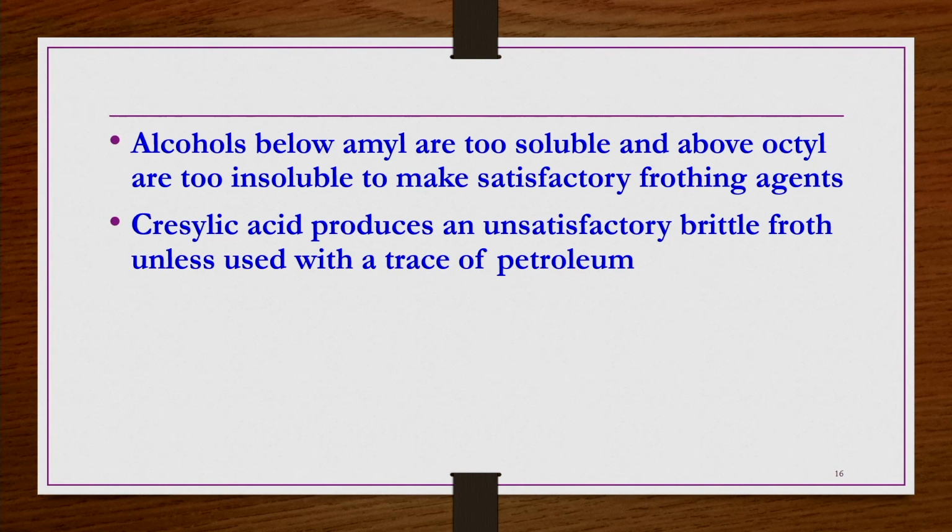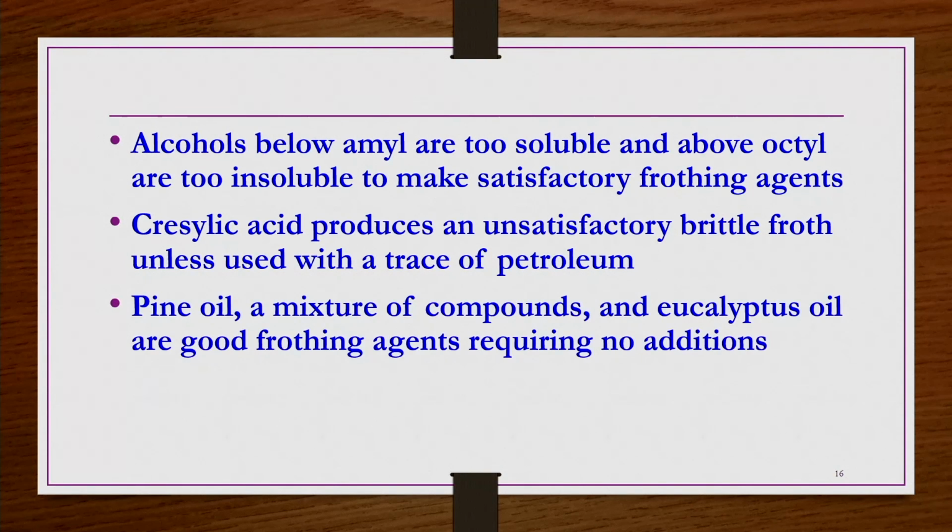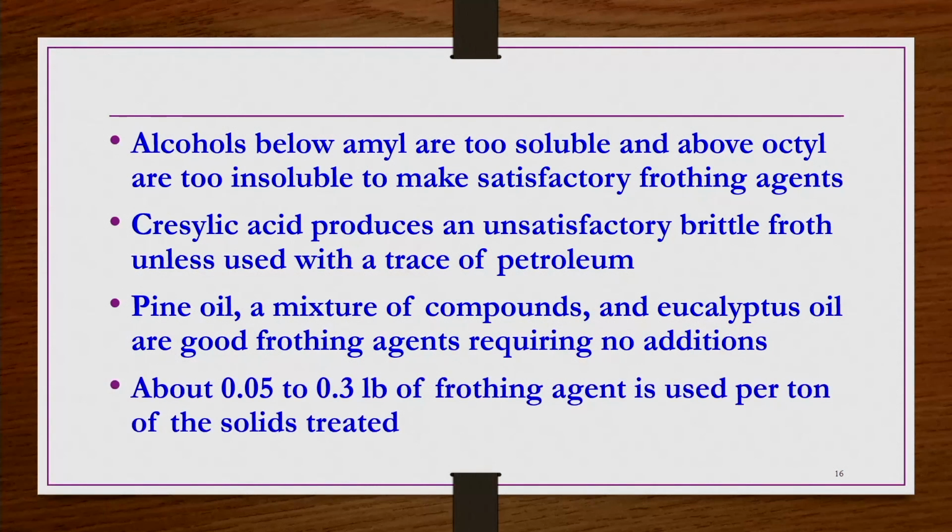Cresylic acid produces an unsatisfactory brittle froth unless used with a trace of petroleum. Pine oil, a mixture of compounds, and eucalyptus oil are good frothing agents requiring no additions. About 0.05 to 0.3 lb of frothing agent is used per ton of the solids treated in general.